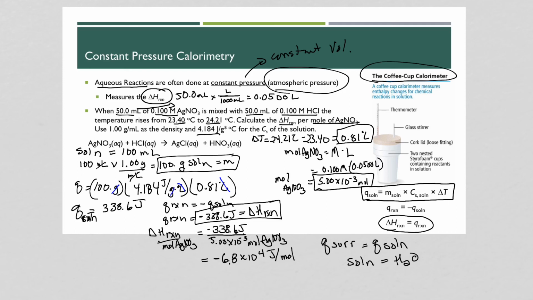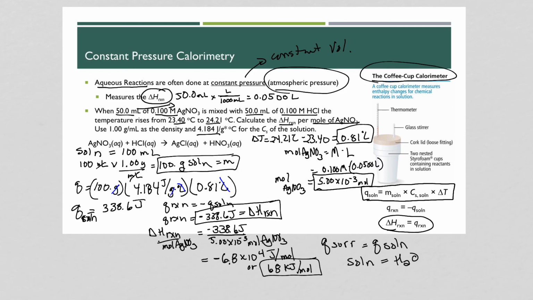Or if you wanted to write it, this would be equivalent to 68 kilojoules per mole.